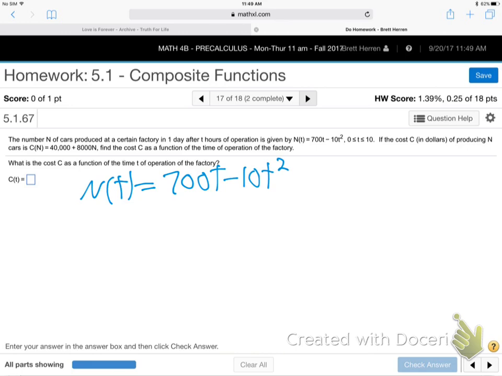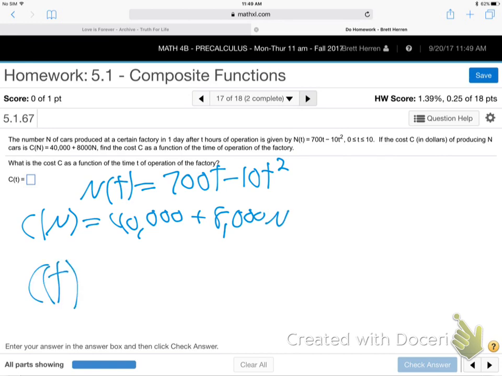If the cost of producing N cars, C of N, is 40,000 plus 8,000 N, then what's C of T? They want me to take all of this and plug it in for N in there.